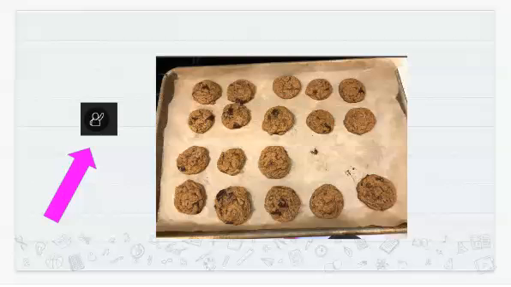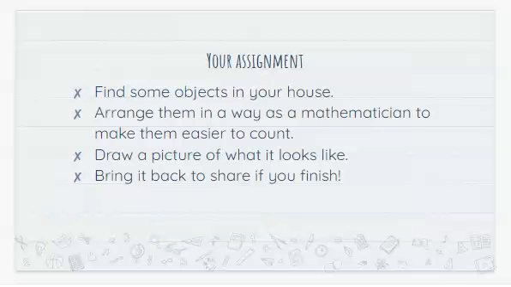Now, we have an assignment for you all to try out. Your assignment is to go and find some objects in your house and arrange them in a way that a mathematician might arrange them to make them easier and more efficient to count. After you do that, you can draw a picture of what it looks like.